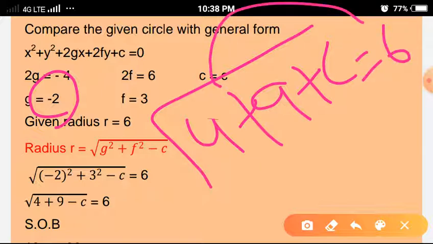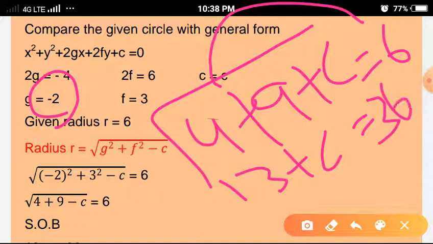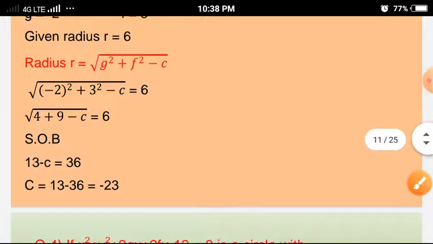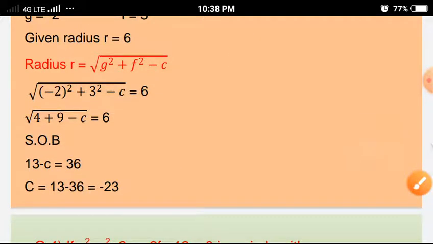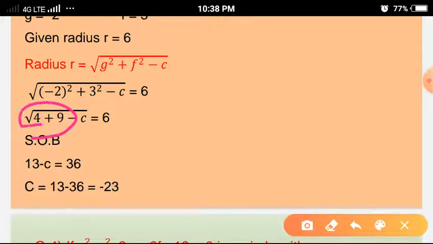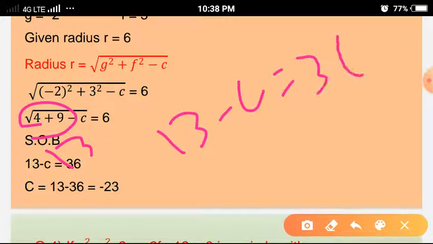By squaring on both sides, we will get 13 minus c is equal to 6 square, means 36.